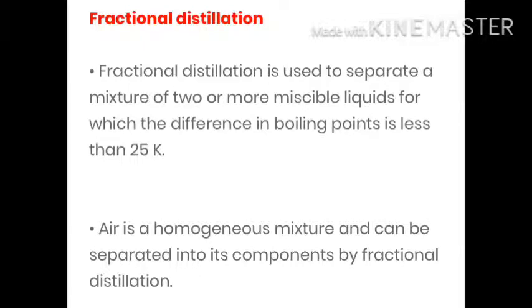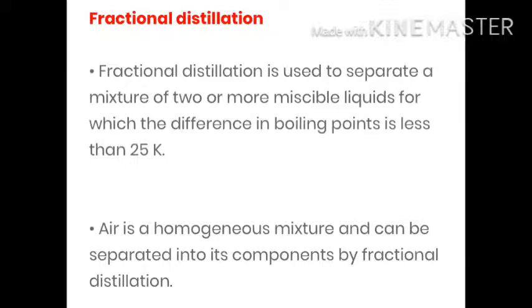The liquid air is then subjected to fractional distillation, or allowed to warm up slowly in a fractional distillation column. When gases get separated according to their boiling points, the gas with the lower boiling point gets distilled first.